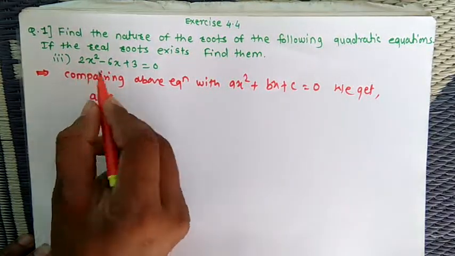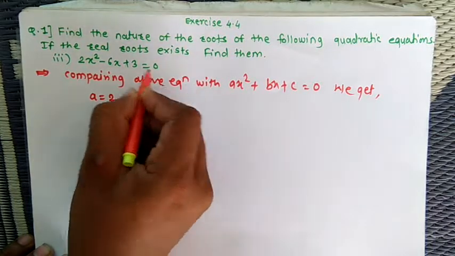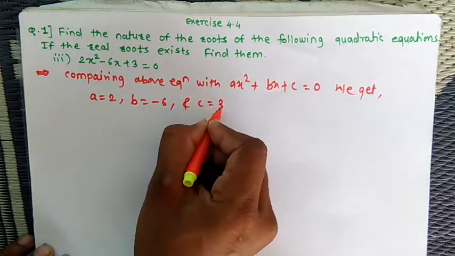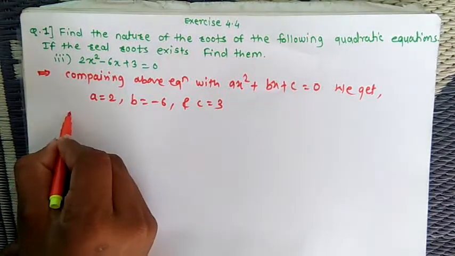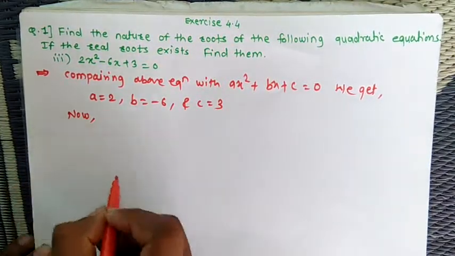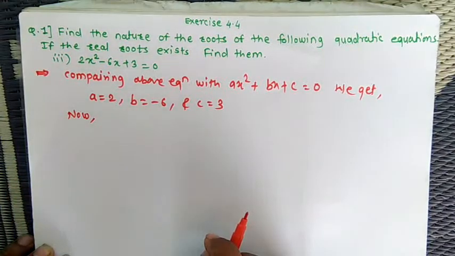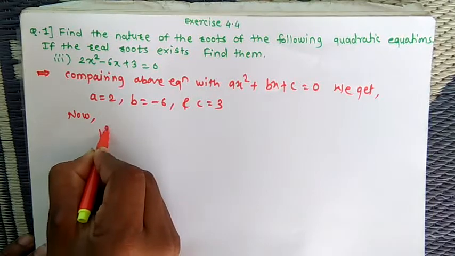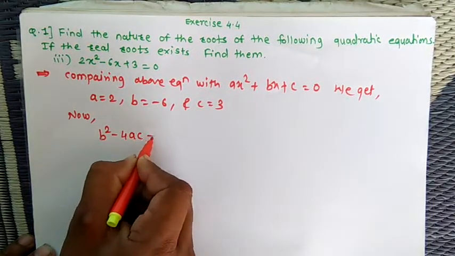What is the value of a? 2. B is equal to minus 6 and c is equal to 3. Now, to check the nature of the roots, which value we have to calculate here? B square minus 4ac.